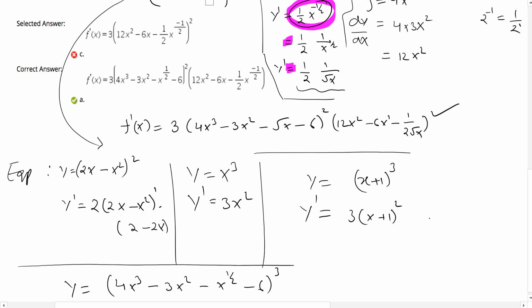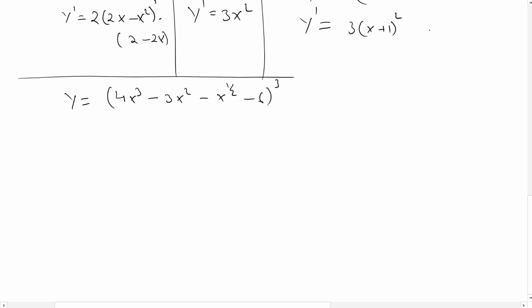Rather than writing square root of x, I'm writing it as a power of 1 over 2. So what we do is substitute, we assume u. Now that substitution is going to give you u cubed, and then we do the derivative of y.